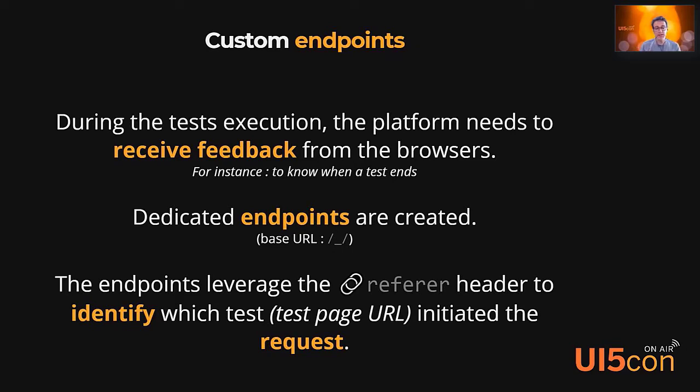But the same way, since you have several browsers that may work at the same time, you need to uniquely identify which browser is sending information to the test runner. And this is done using the current URL of the browser.